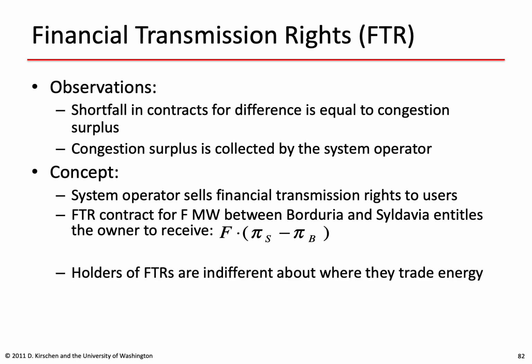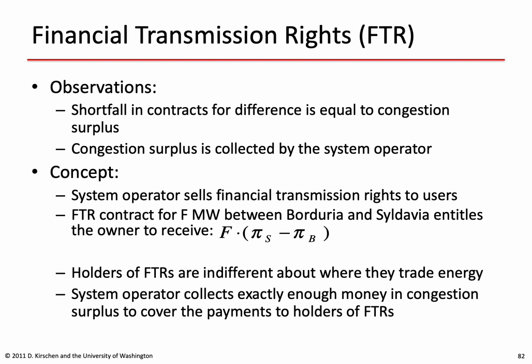And that makes me, as a holder of a financial transmission right, indifferent about where I'm trading energy. Now, on its side, the system operator is collecting exactly enough money in congestion surplus to cover the payments to holders of financial transmission rights.